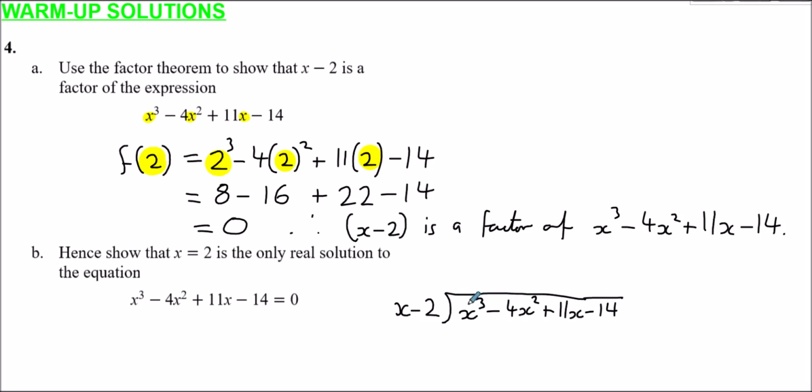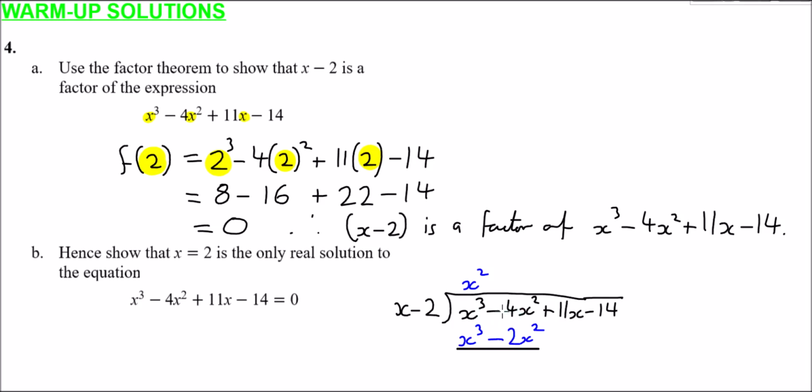So first off, divide x cubed by x. What we get here is x squared. Now we multiply this x squared by the x minus 2. So x squared multiplied by x minus 2 gives us x cubed minus 2x squared. Now we subtract. x cubed take x cubed always is going to cancel.